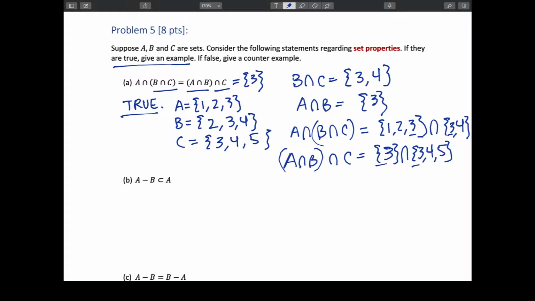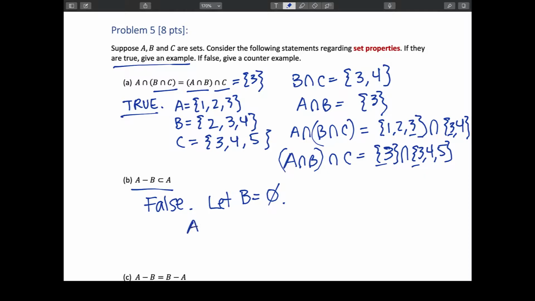So let's look at the fact that A intersect B is a proper subset of A. So I'm going to say this is false. And that's because I can let B be the empty set.